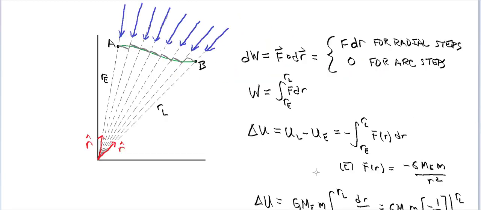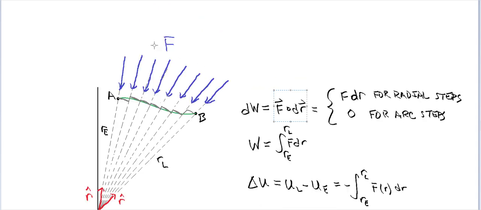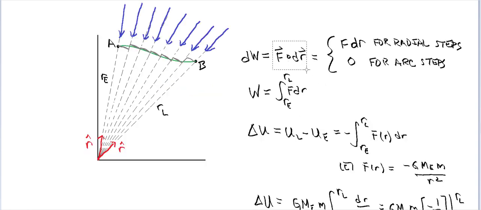The thing that I want to point to is that earlier in the semester we said that the incremental bit of work done is just equal to the dot product, the scalar product of force and dr. In this case, since the force is purely radial, the dot product just multiplies parallel components.